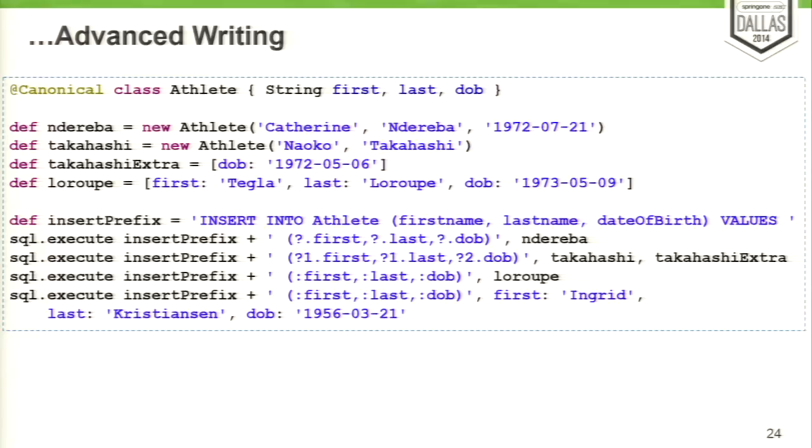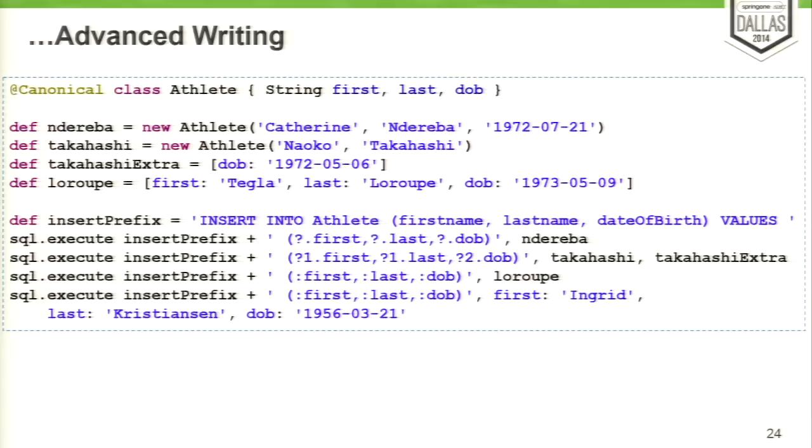So what are the different variations that I can have? If I've got a single parameter over here, then this parameter can be a domain object or a map. And if I go question mark dot first, it goes to that domain object and looks for the first key in a map or the first property on a domain object.